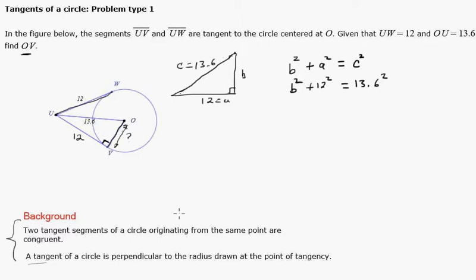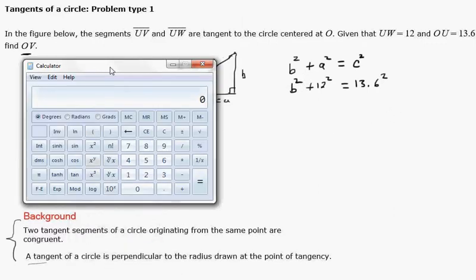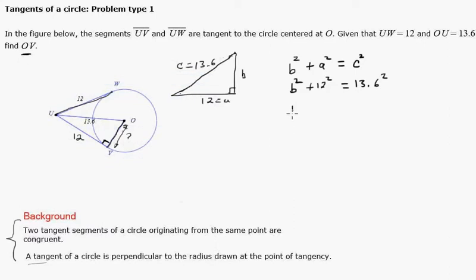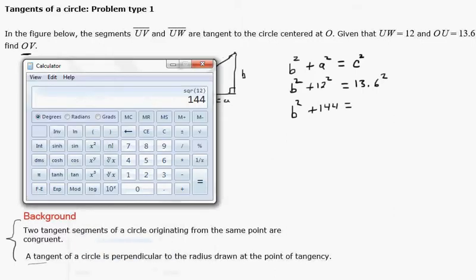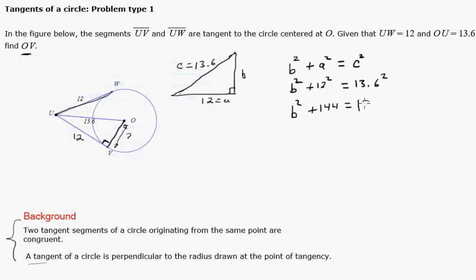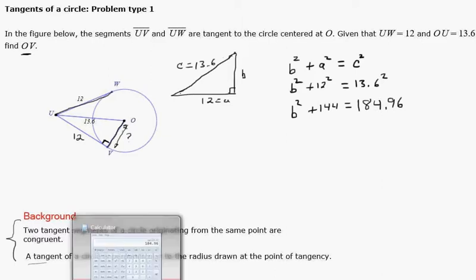Okay, so let's convert these. 12 squared is 144. Hopefully you know that. So B squared plus 144 equals 13.6 squared, which is 184.96. Let me check.